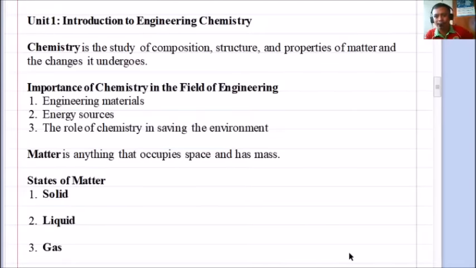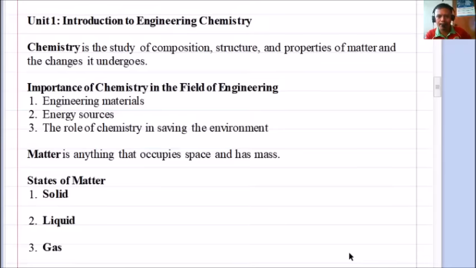Cement, when it comes to construction. Polymers, superconductors, and when it comes to electrical, we have electrical materials like conductors and insulators.